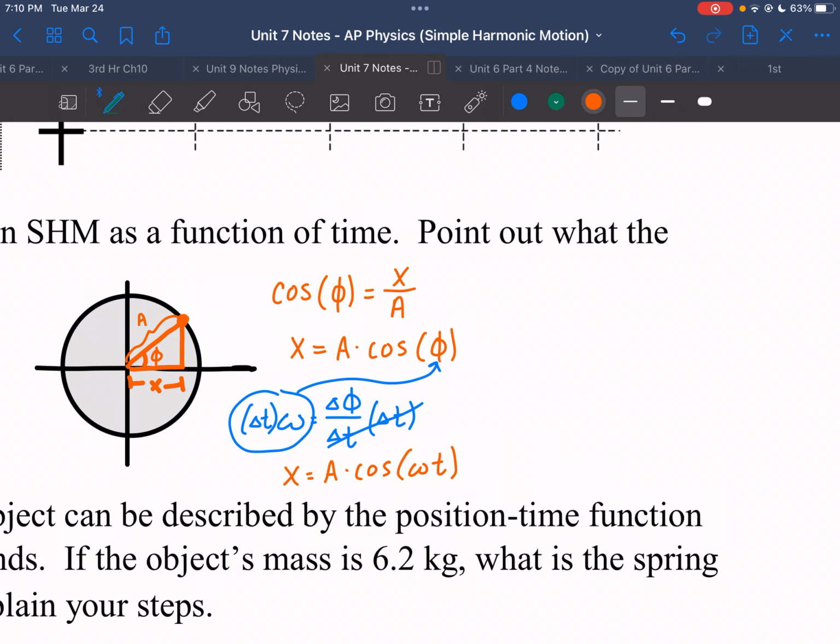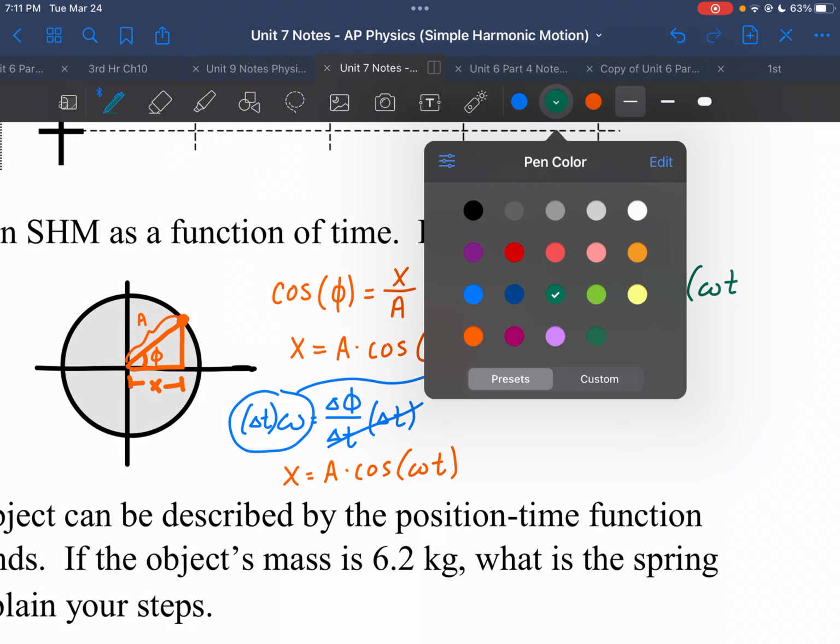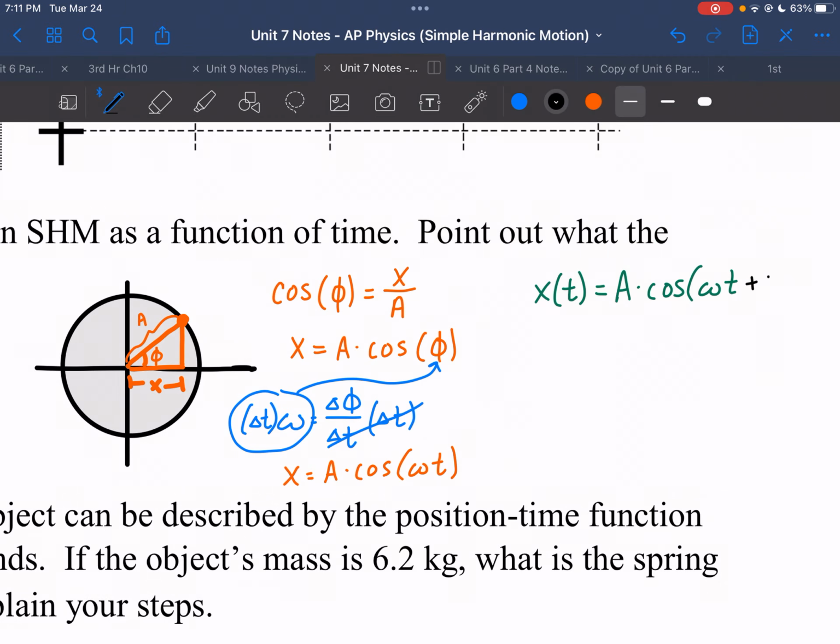Now, oftentimes you will see it written out a couple of different ways. Like I said, you can see it in function notation, f of x, or x of t, because it's a function of time. This is equal to the amplitude times the cosine of omega t. One other thing you often see here is they add whatever that initial phase is.